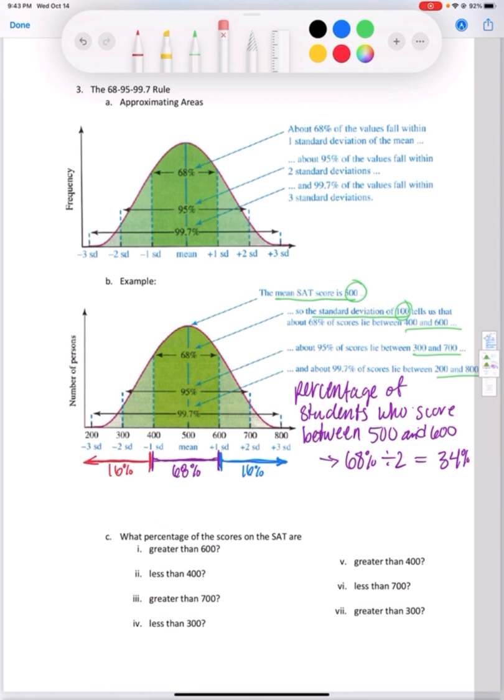All right, so let's take a look at another type of scale. We're going to go ahead and use green. Then the other area that we can deduce across the spectrum here is the 95% area. 95% span right here.